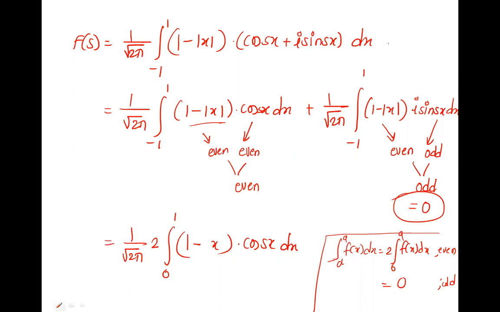Now we can remove the mod because it is from 0 to 1, that is, all the positive numbers are there. Here we cannot remove mod as negative numbers are also there. But once we write 2 times all the positive, we can remove the mod. And once the mod is removed, we can integrate this.